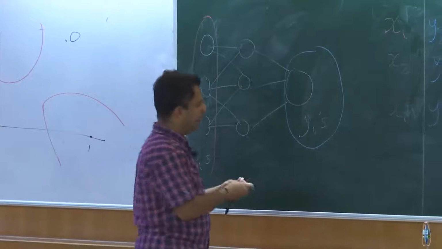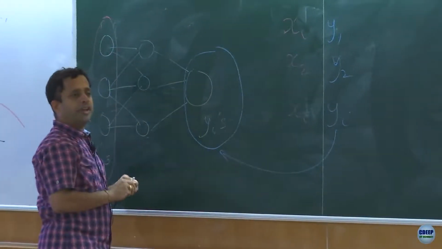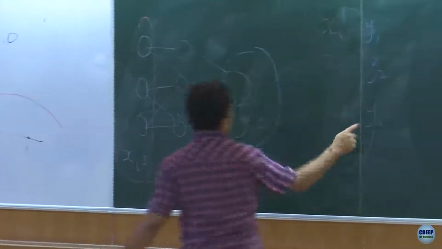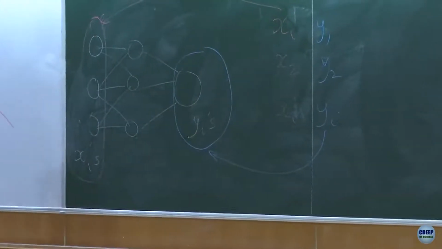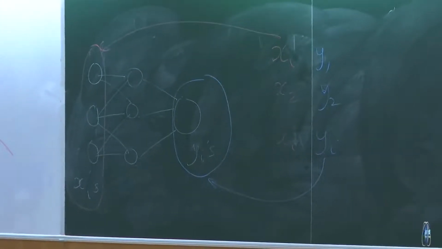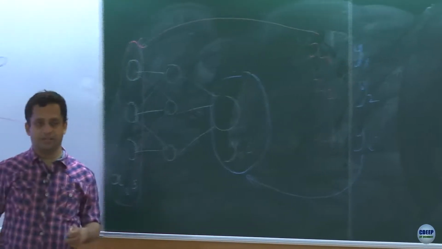So I could feed and measure, calibrate, correct based on yi's, xi's. What I can't observe is what the activations at the hidden layers are, right.